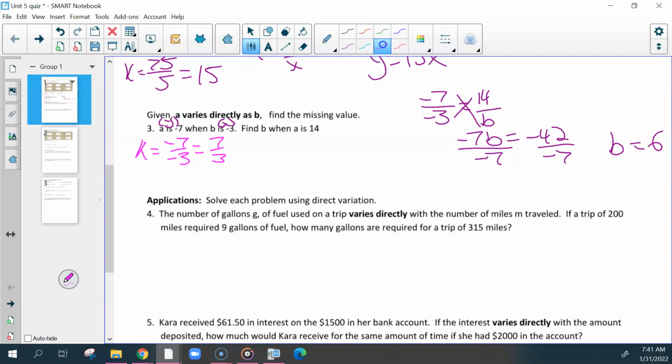Okay, so we found K. Now we can put this back into our equation. It's going to be A equals KB.